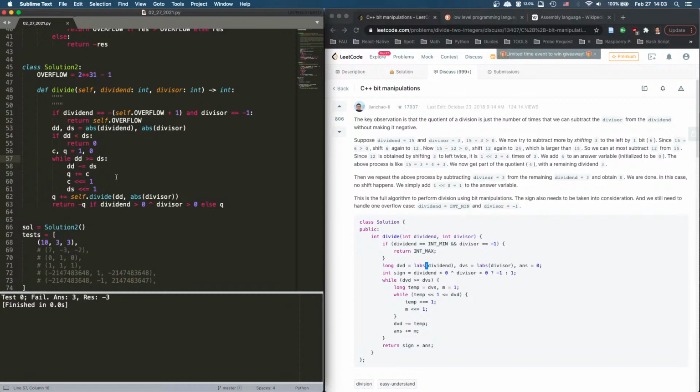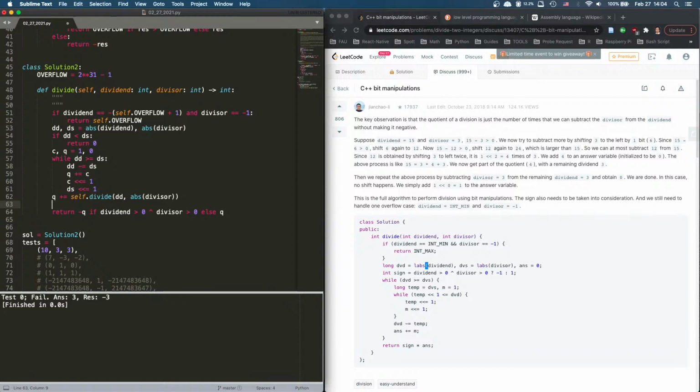Unbelievable. Why? Dividend, that's true. That's 1. And then this is also 1. And this is 0. If 0, no, we return Q. Why would it be minus 3?